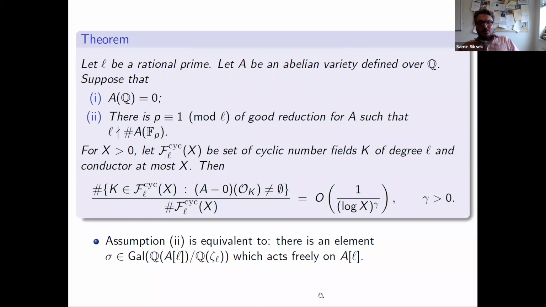All right, so here's what you get. You might say, if I start off with an abelian variety over the rationals, and the Mordell-Weil group is trivial, and a rational prime L, and I look at the family of cyclic fields of degree L, do I have integral points for finitely many of these extensions?